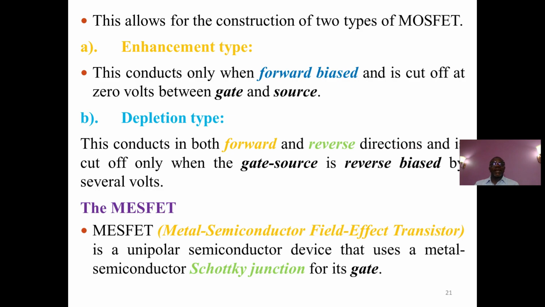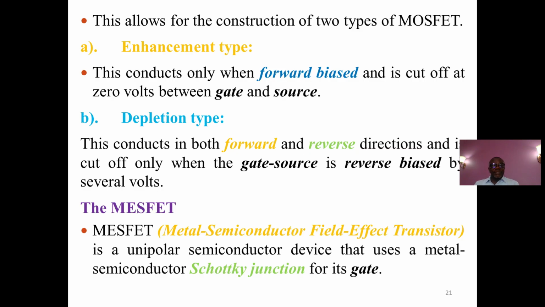The one you call the enhancement type, which conducts only when forward biased and is cut off at 0 volts between gate and the source. Also, the depletion type, this conducts in both forward and reverse directions and is cut off only when the gate source is reverse biased by several volts. So if you want to know more, please look up the full lecture in the engineering lecture series.